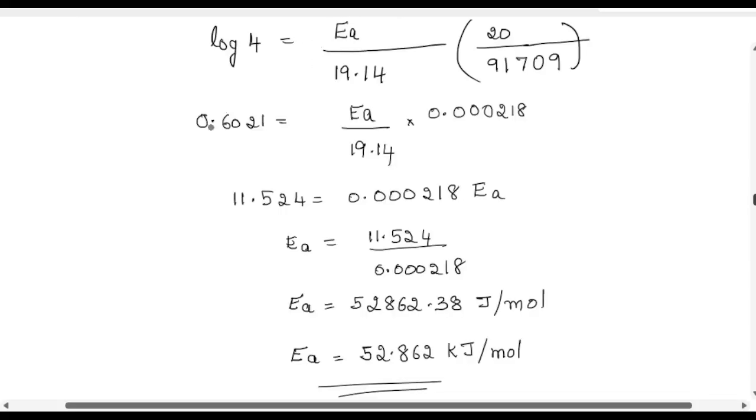So log 4 is 0.6021, equal to EA divided by 19.14 into 0.000218. On solving, you get the value of activation energy, which is equal to 52.862 kilojoule per mole. This is the answer.